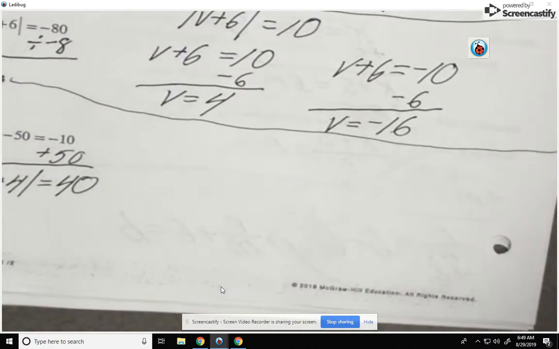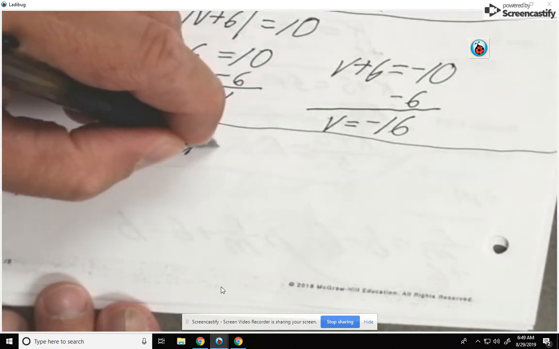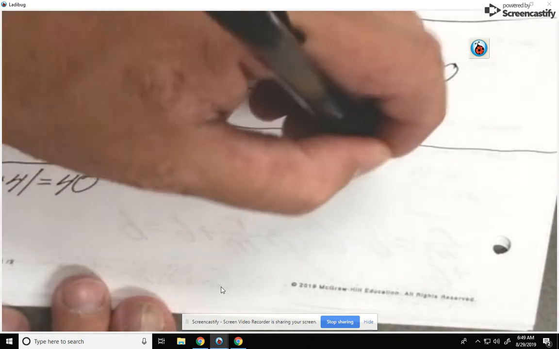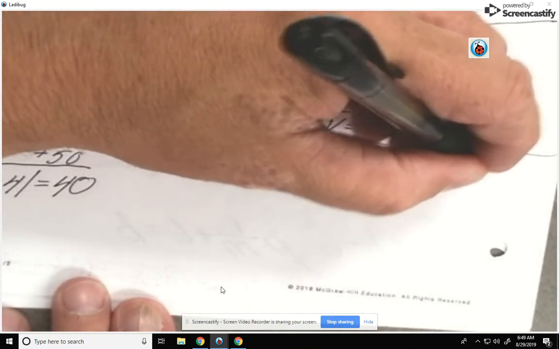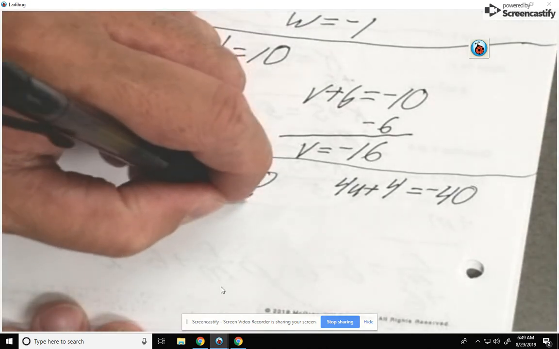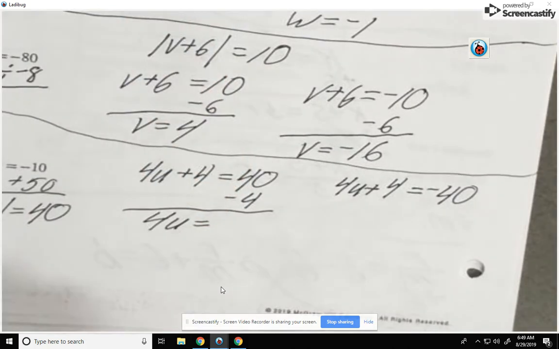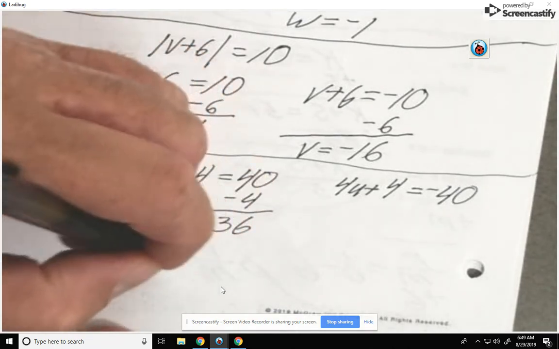Okay, so if we split this, we get 4u plus 4 equals 40, and 4u plus 4 equals a negative 40. Okay, so again, we just run through our steps. The first thing we do is subtract 4, so on this first equation, we get 4u equals 36.